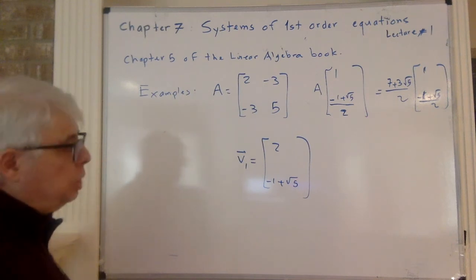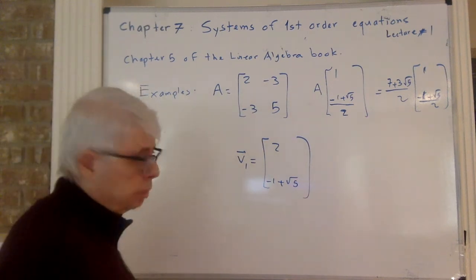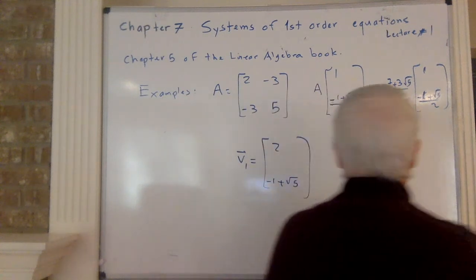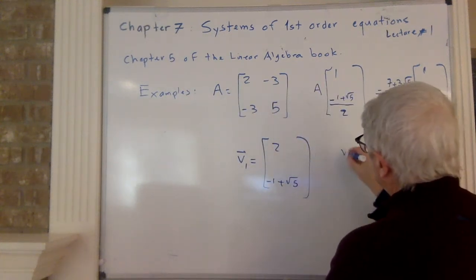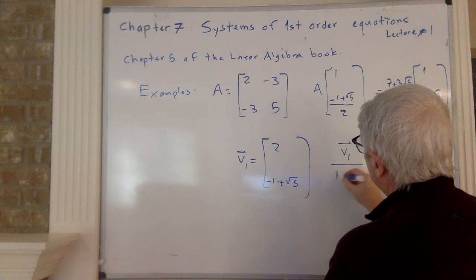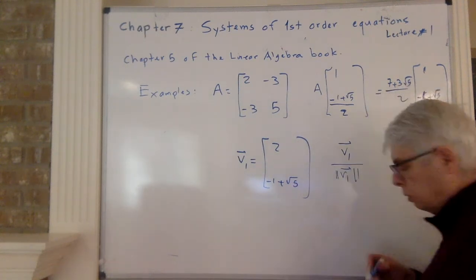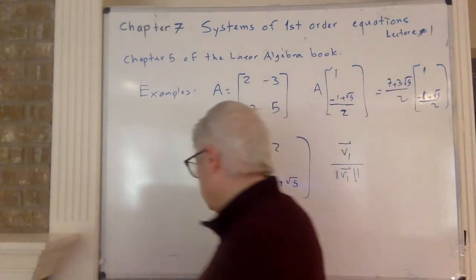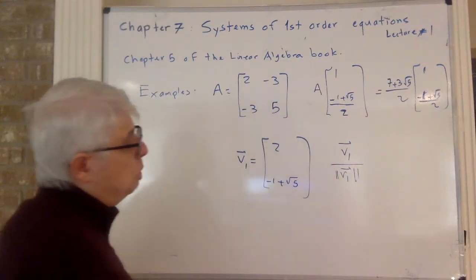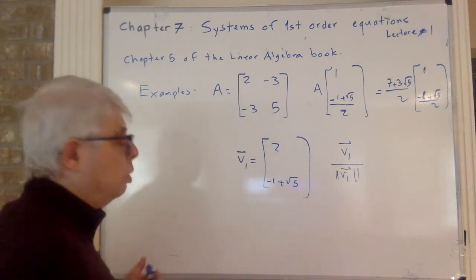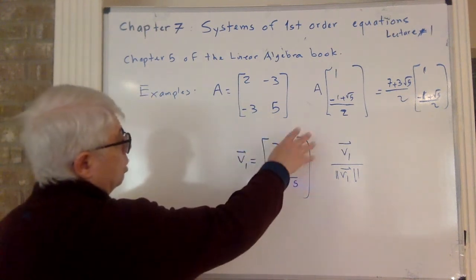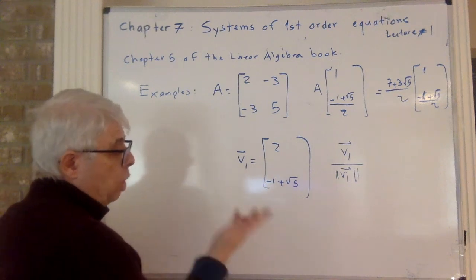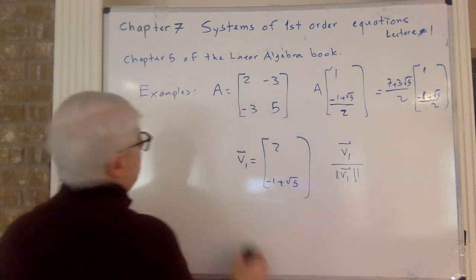So what you do is you divide this by its norm, and you give this as eigenvector. Depending on the situation, this might be the best one, or the most important one. But anyway, you can see that this is not in fact unique. The eigenvector is not unique. Okay.